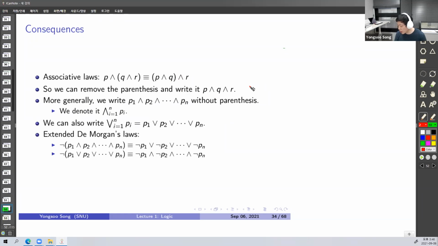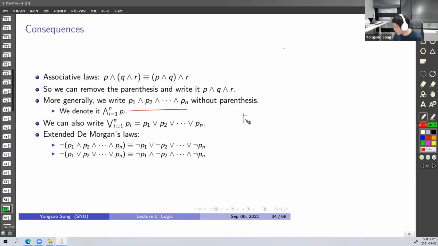So more generally, we can extend these associativity laws for multiple variables. Suppose that there are n propositions, P1, P2 to Pn, and you can simply write this proposition like this, because the order of operation really doesn't matter, as I mentioned.